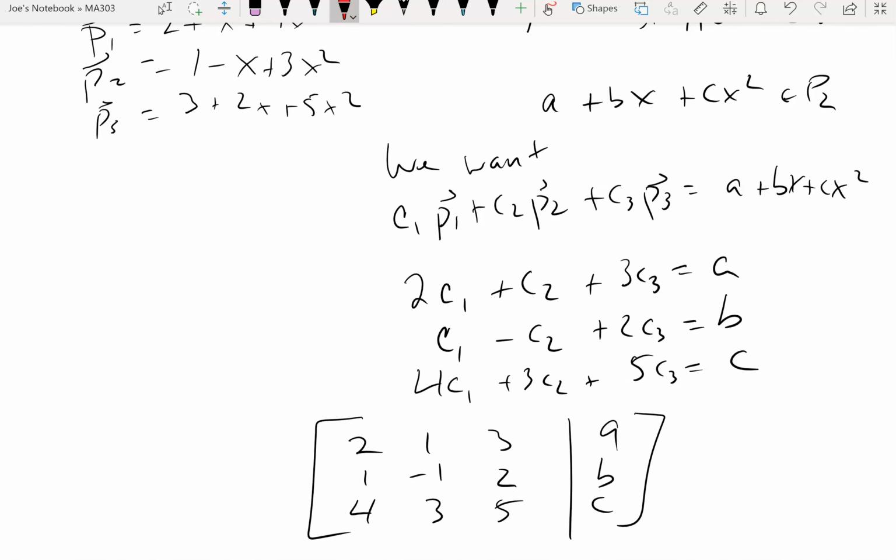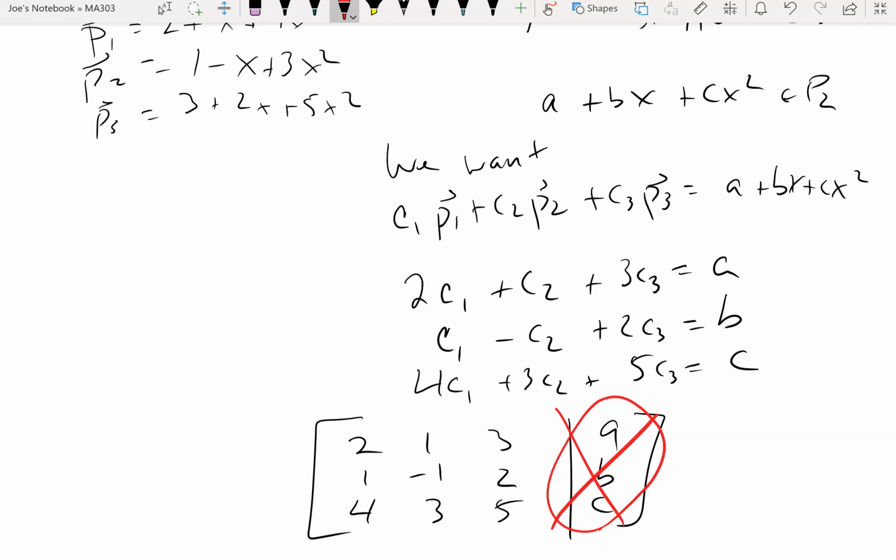Do I care what's over here? No. So I'm not even going to bother putting this in my matrix when I row reduce. I don't care what the answer is. I just want to know, can I find an answer? I'm not worried about an explicit answer. I just want to know if I were to plug in values for A, B, and C, I can find the answer.